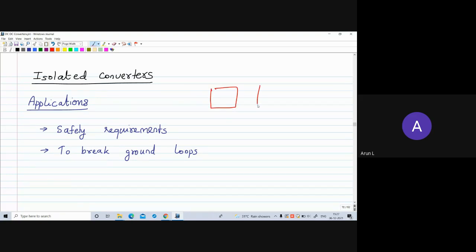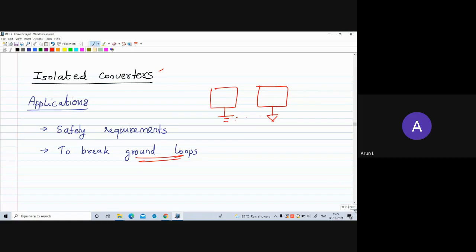For one section of the circuit you have one ground and for another section you have another ground. So these grounds are not the same. This ground loop is now broken. There will not be any current flowing through the parasitic elements and electromagnetic interference will be less. So that is another advantage of isolated converters.